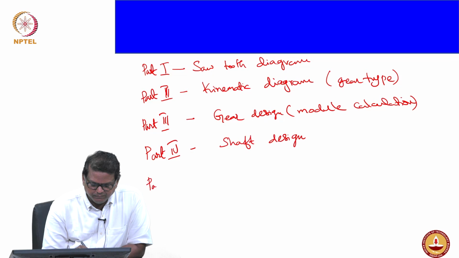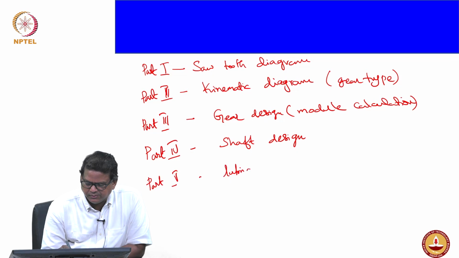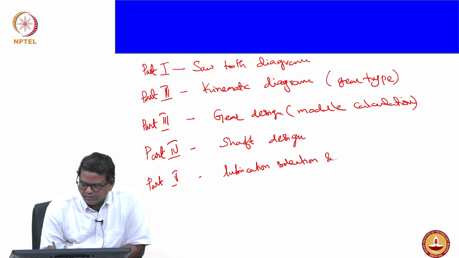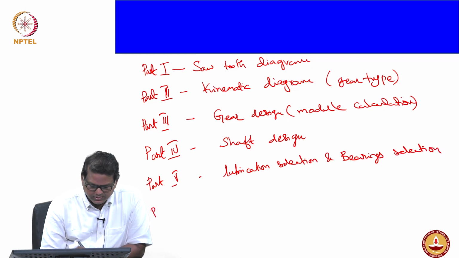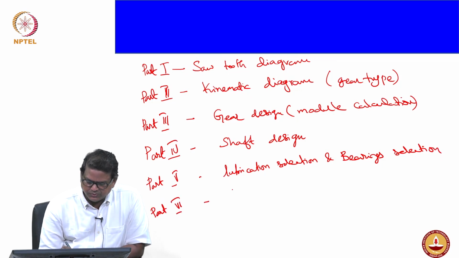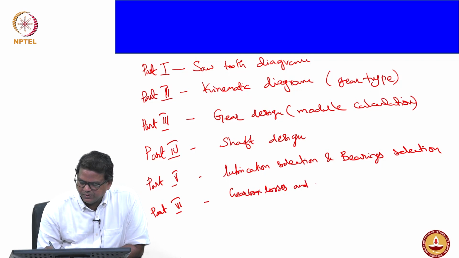In part 5, we talk about lubrication selection and bearing selection. And in part 6 we will discuss the gearbox losses and casing design as well.